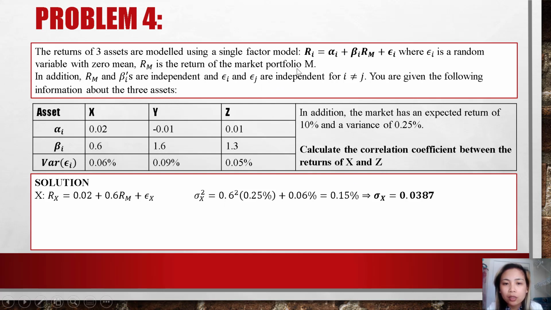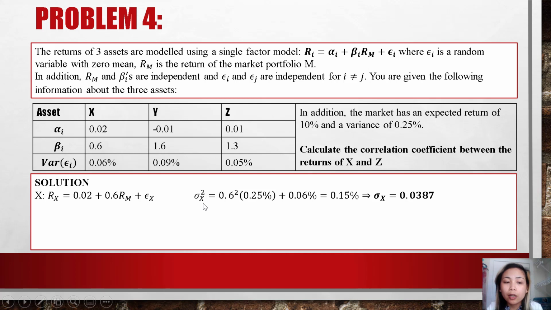For x, by using the single factor model, we got Rx is equal to 0.02 plus 0.6 Rm plus epsilon x. So from here, if we find variance, we got variance of Rx is sigma square of x. This is equal to 0.6 squared times variance of the market portfolio, which is 0.25%, plus variance of epsilon x, which is 0.06%.